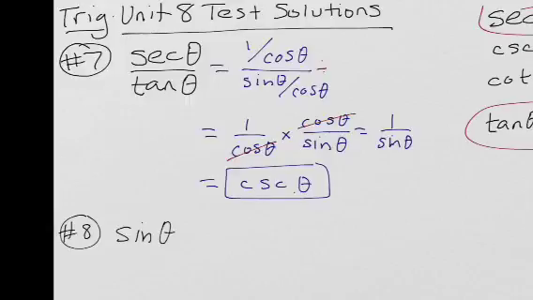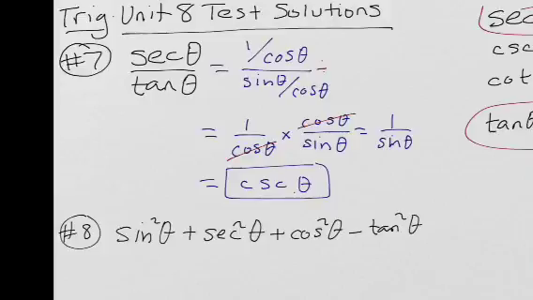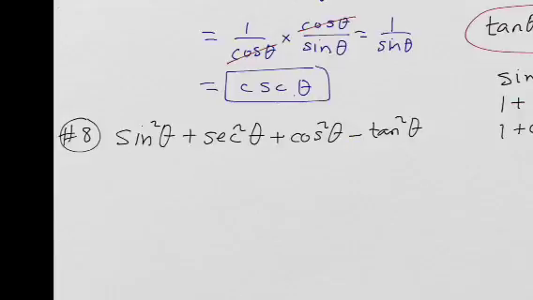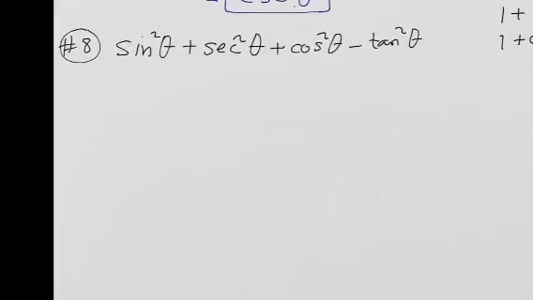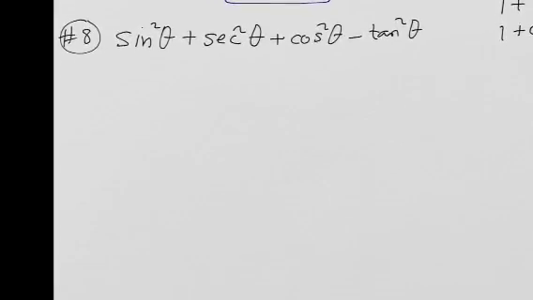Sine squared of theta plus the secant squared theta plus the cosine squared theta minus the tangent squared theta. Okay, so in this one, number 8, I notice I've got a bunch of squares, right?